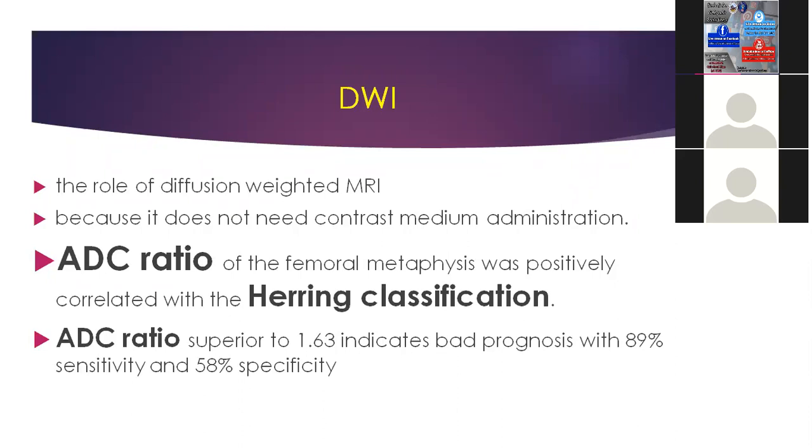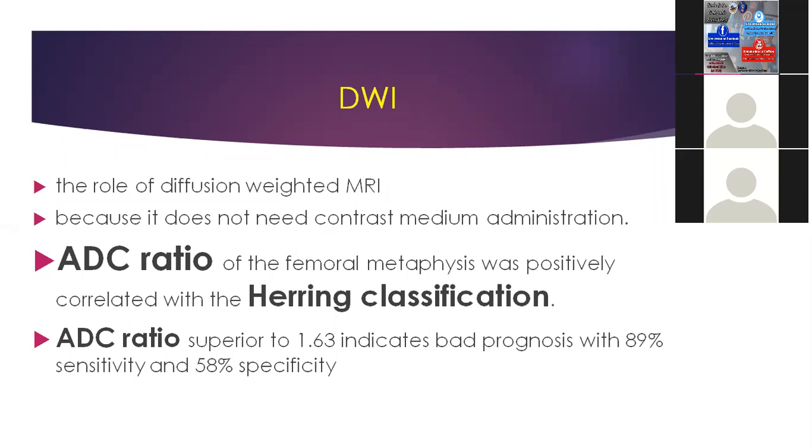It's not the water content itself, no, the molecules' movement. I think this is a very important sequence, so you do not need contrast media. And it also has quantitative and qualitative methods called the ADC. The ADC ratio gives you numbers.